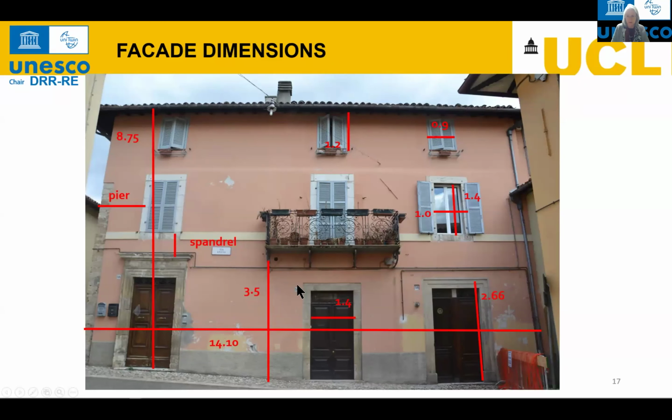So this is also an important element of information because, of course, they have a longer length of inflections than the upper stories. We are very interested in the dimensions in height and width of the openings, because this will then determine the piers. And we are also interested in the heights of the spandrel.